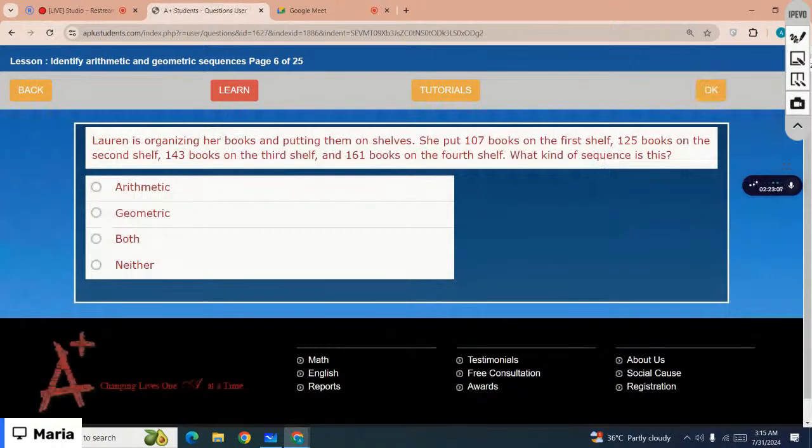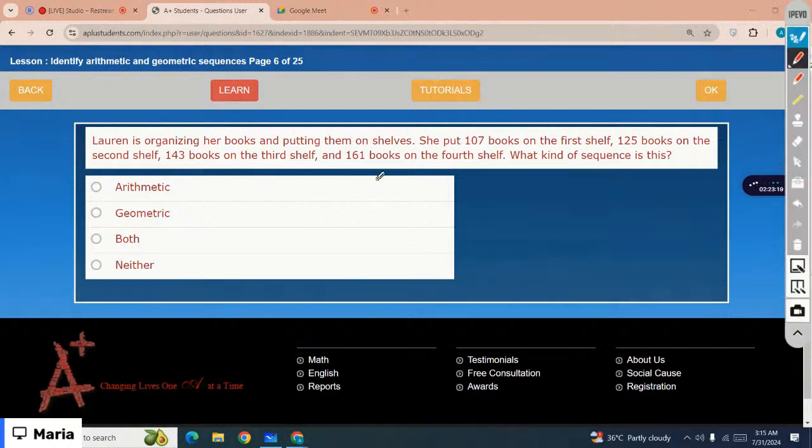Okay, Lauren is organizing her books and putting them on shelves. She put 107 books on the first shelf, 125 books on the second shelf, and 143 books on the third shelf. What kind of sequence is this?